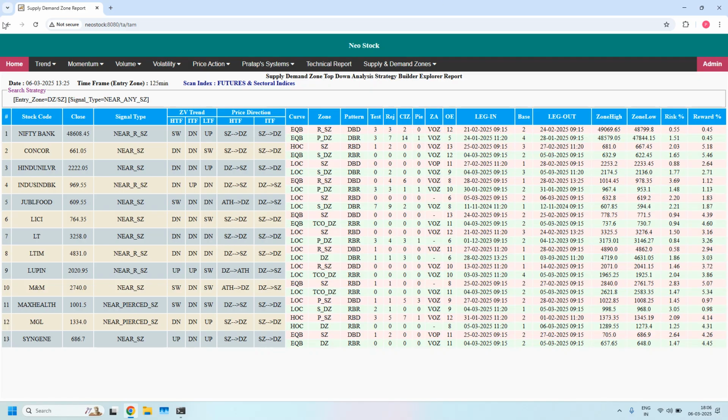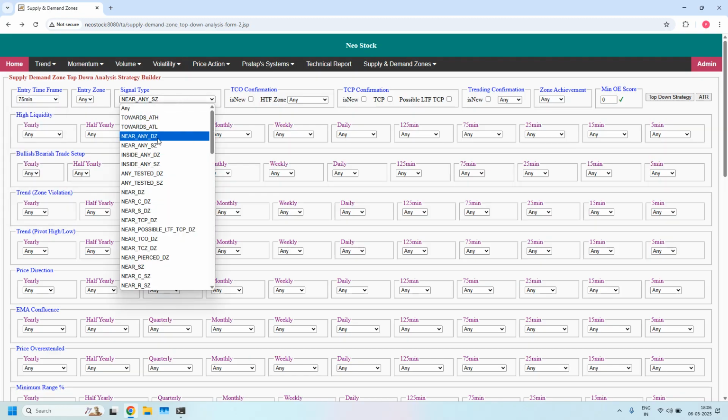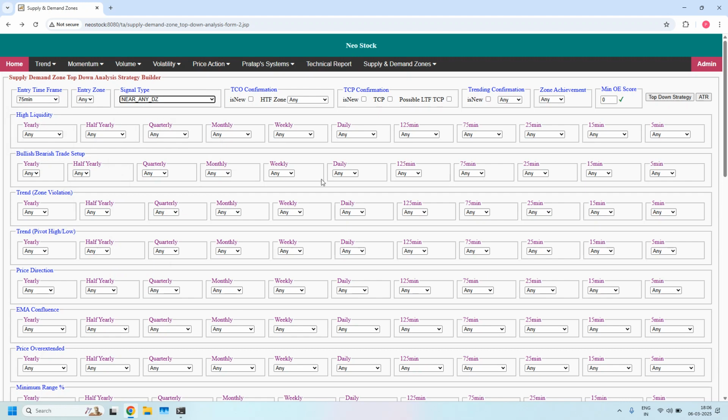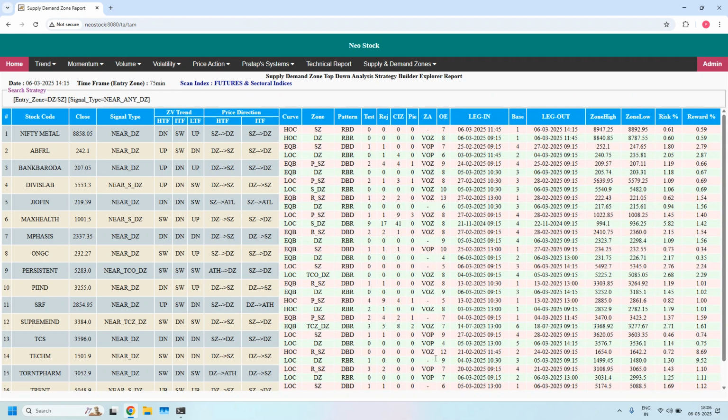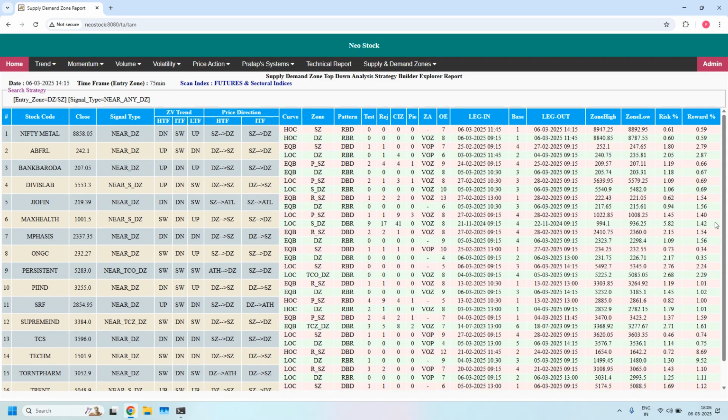Okay, next time frame is 75 minutes. Entry time frame 75 minutes. So let us find the stocks near 75 minutes demand zone. We got 17 stocks. Let us identify high liquidity 75 minutes demand zones from this list. Divis Lab is having a 75 minutes high liquidity demand zone.